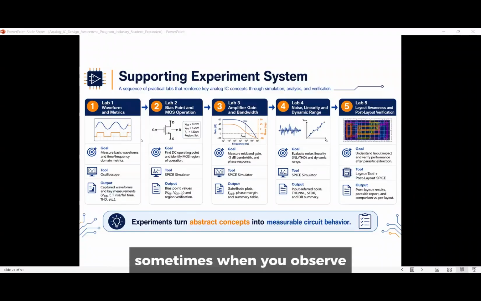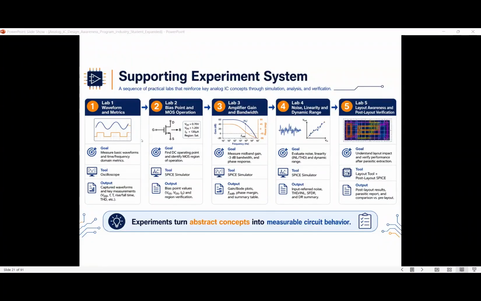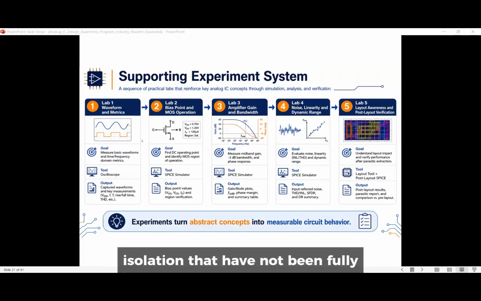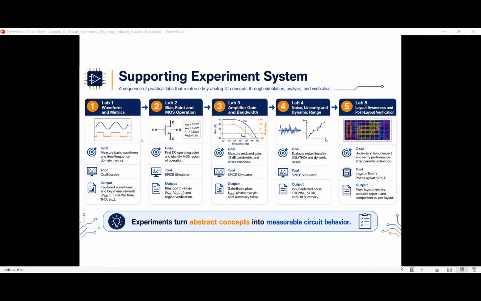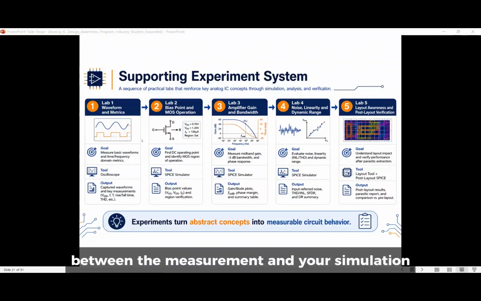Sometimes when you observe your current is small, you wish to increase it in the simulation result. But after you increase it, the transistor may enter an oscillation that was not fully understood during your analysis. So this is an iterative process between measurement and simulation.